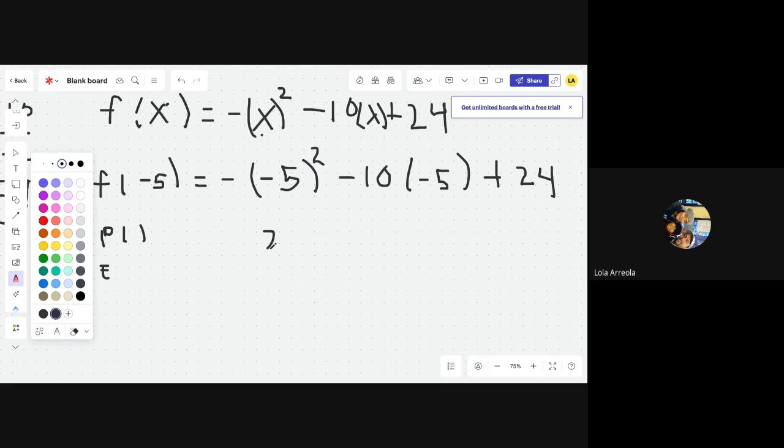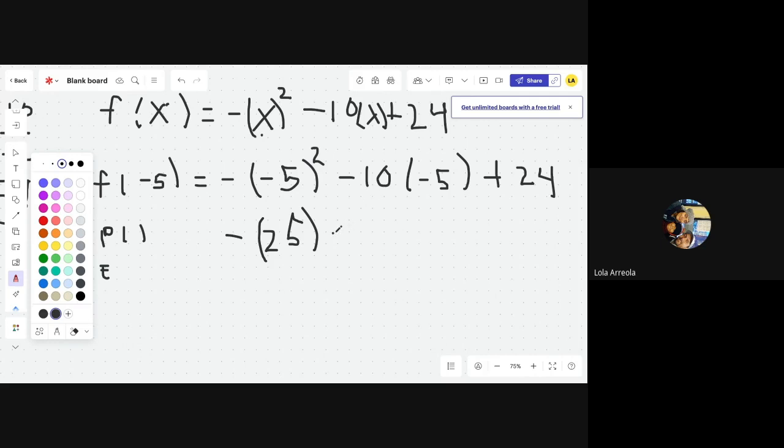That gives me 25 that I'm going to keep inside parentheses, because I still have that minus attached. This is not minus a negative 5. It's actually negative 1 times negative 5 squared. So I simplified negative 5 squared first because there's an exponent there, and I still have negative 1 basically times 25.